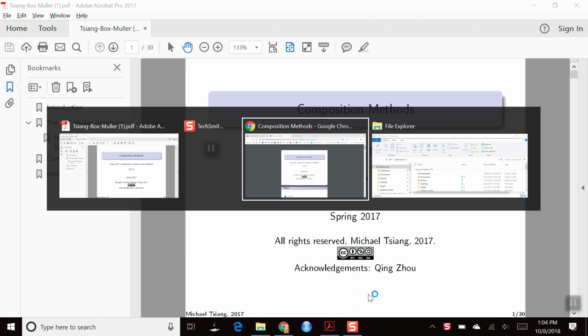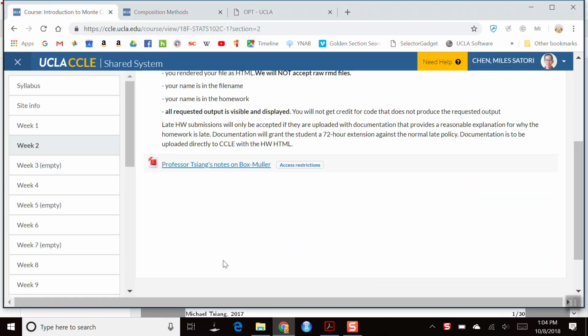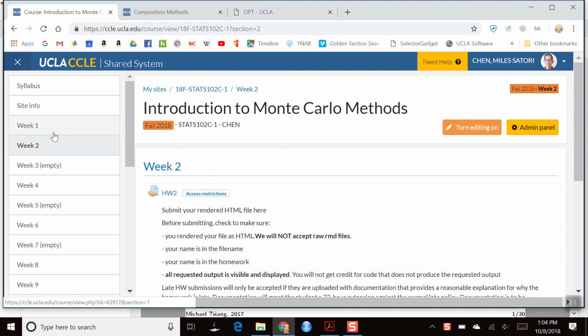So last week we talked about how when we do Monte Carlo methods, the idea is instead of doing math to get our answers, we try to generate values from a distribution. So we'll try to get random values from some kind of distribution, and based on the values we get, we can get estimates for what we want.